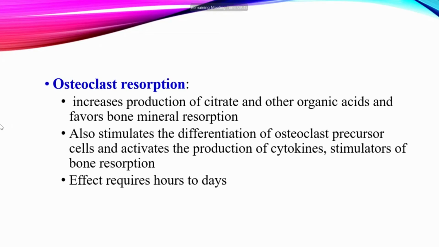When there are acidic conditions over the bone, it favors bone mineral resorption. Apart from that, parathyroid hormone also stimulates the differentiation of osteoclast precursor cells and activates the production of cytokines, which stimulate bone resorption. The process of osteoclast resorption requires hours to days, so it's a slow process.